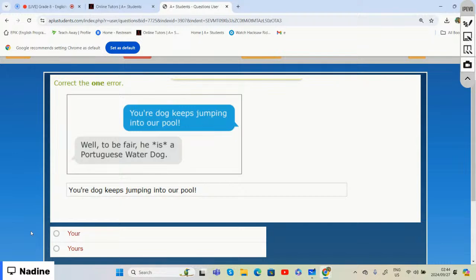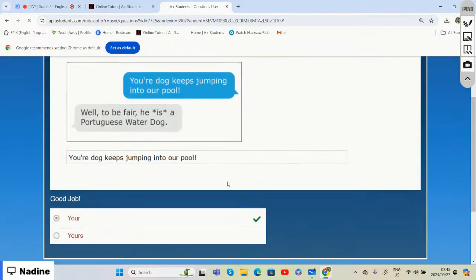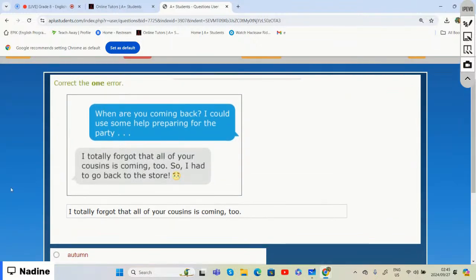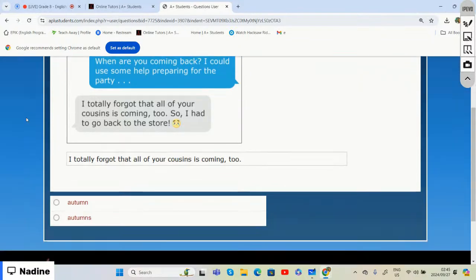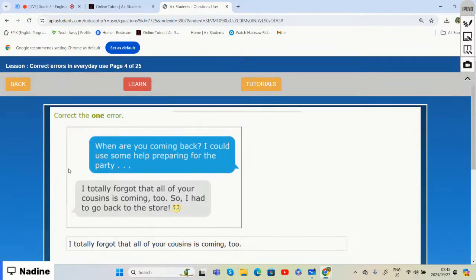So your dogs keep jumping into our pool. Well, to be fair, he is a Portuguese water dog. And if we were to choose the correct option, in option one, it's "your." Yes, so "your" is correct. You see, the picture is not matching the wording, right? I'm going to choose the correct one and then go to the next one.